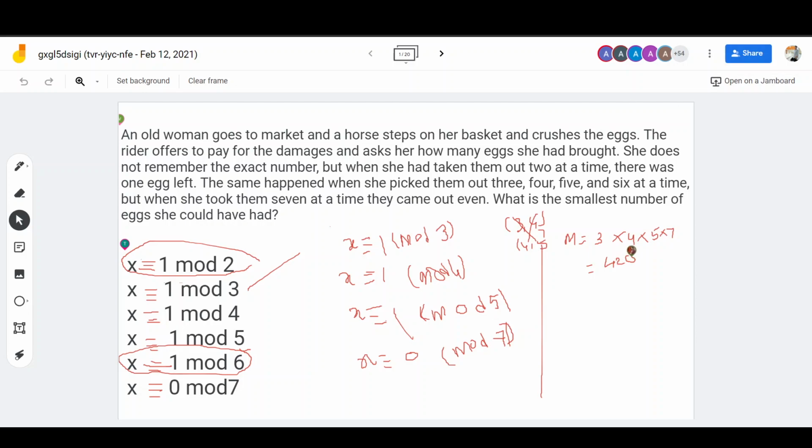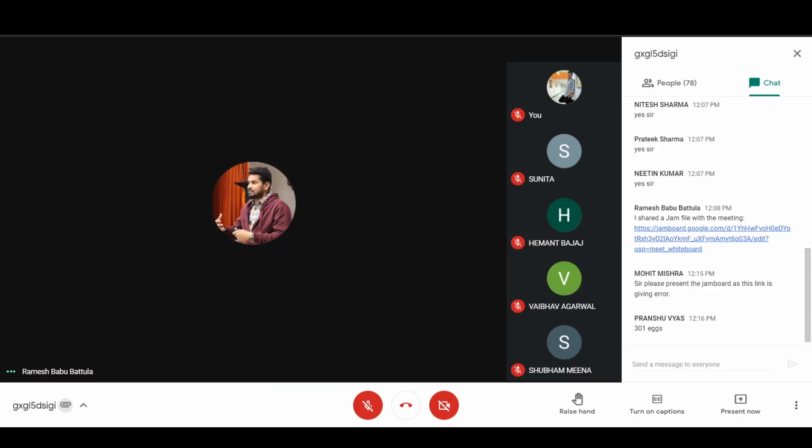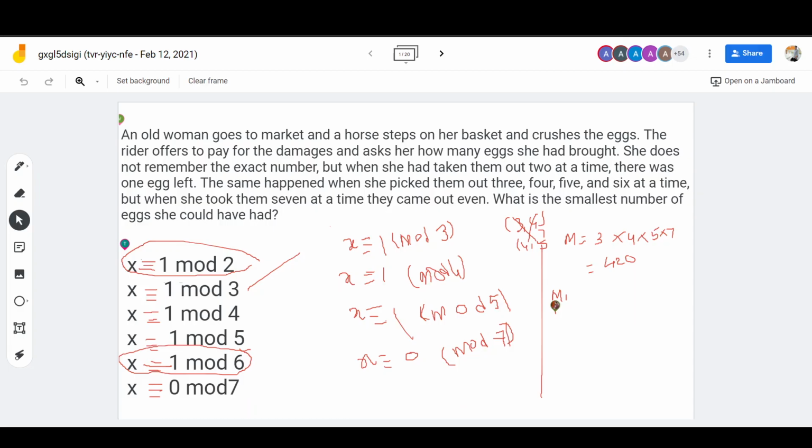Now you compute capital M1, M2, M3 and M4. M1 is 420 by 3, that is going to be 140.